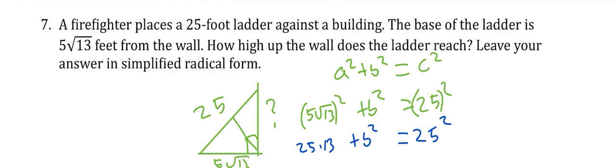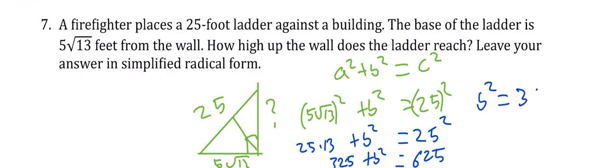Okay, now 25 times 13 is going to give us 325 plus b squared equals 625. This is really a calculator okay problem. 625 minus 325 gives us 300, so b squared equals 300.